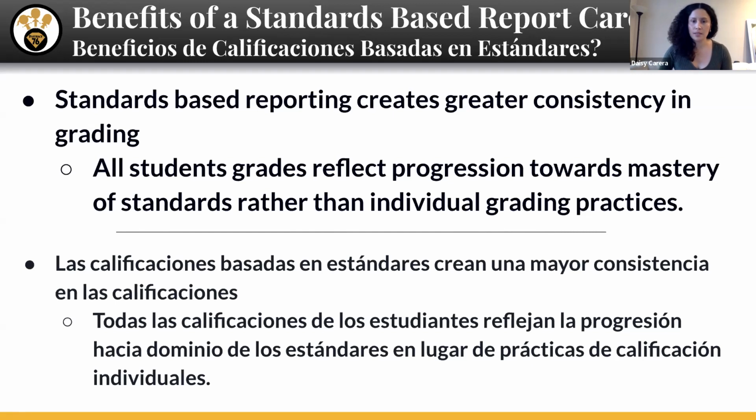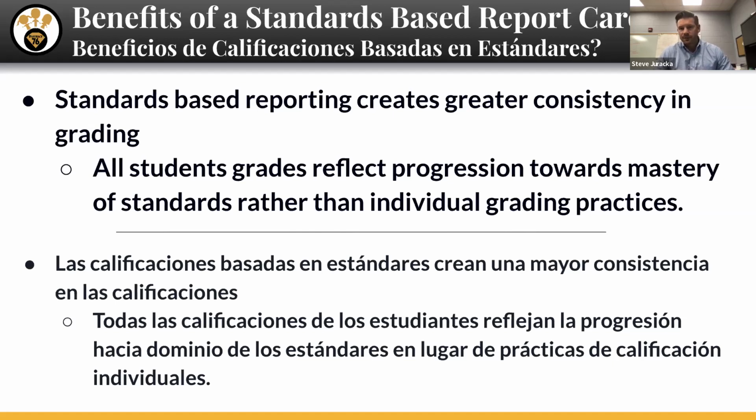Yeah, so let me add some detail to this slide. As it currently stands, teachers have individual grading practices, and those individual grading practices may lead to inconsistency between grade level teachers.